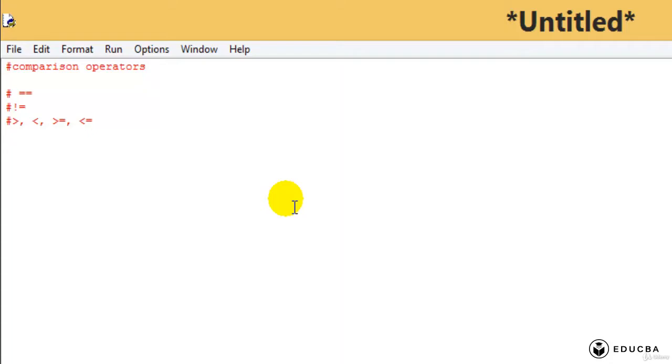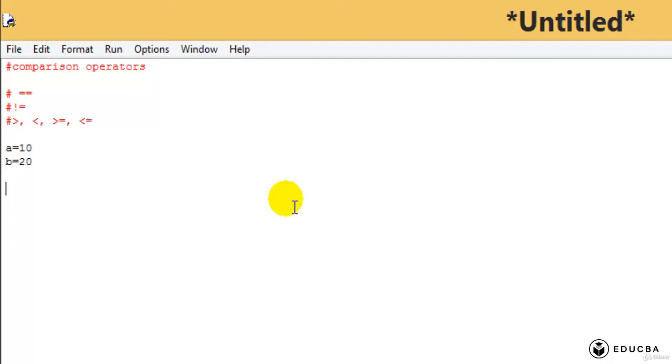What are we going to do with these operators? Let's understand them in a little more detail. Let's say a is equal to 10 and b is equal to 20.